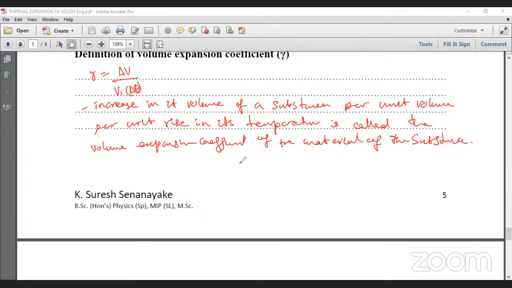Right? So this way you can find it. The unit of gamma is also per Kelvin. That's also a smaller value. So you can consider gamma to be very small.